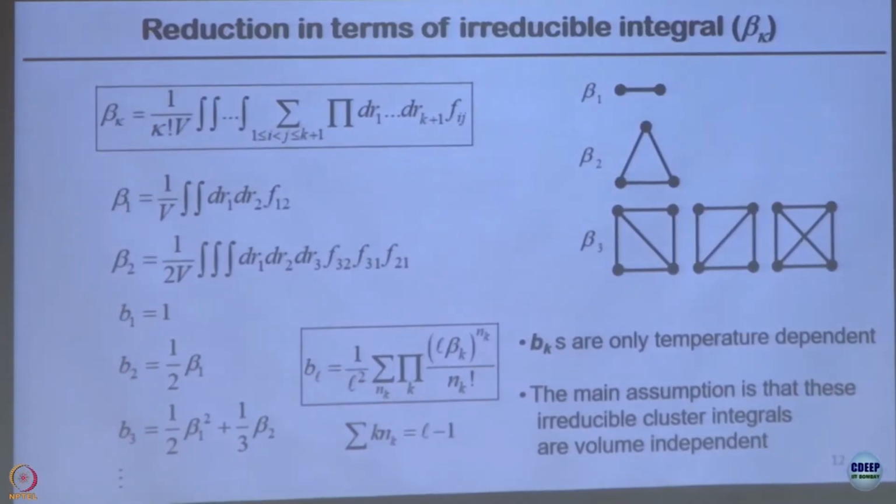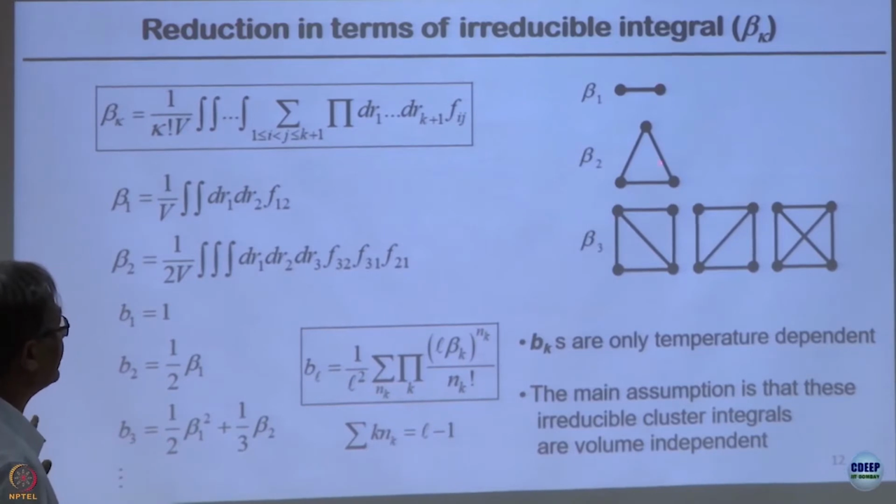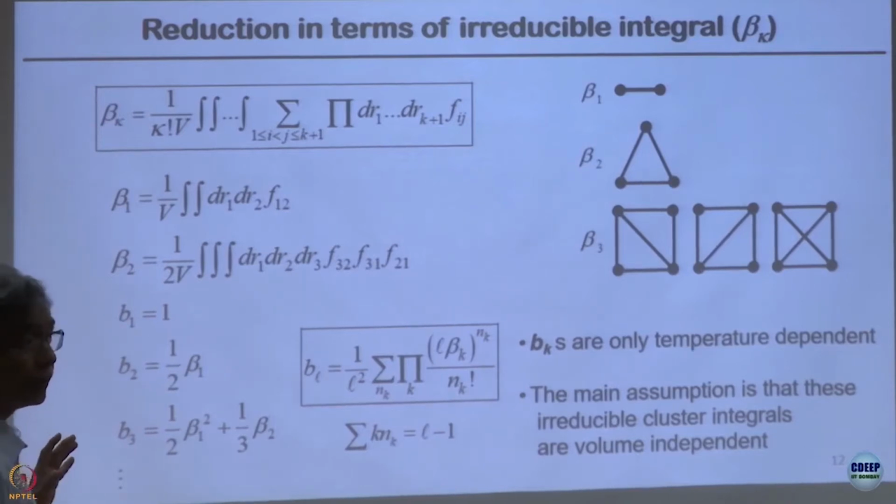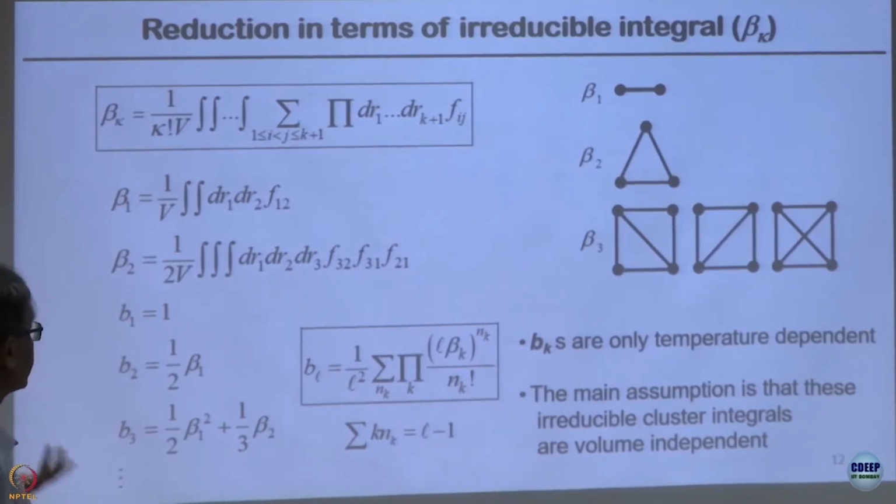Now he said, okay, let me define these as the fundamental quantities. This I cannot reduce any further; this and these are the quantities. This actually should have one more, because it should have the one without a bond, which somehow is not given here.